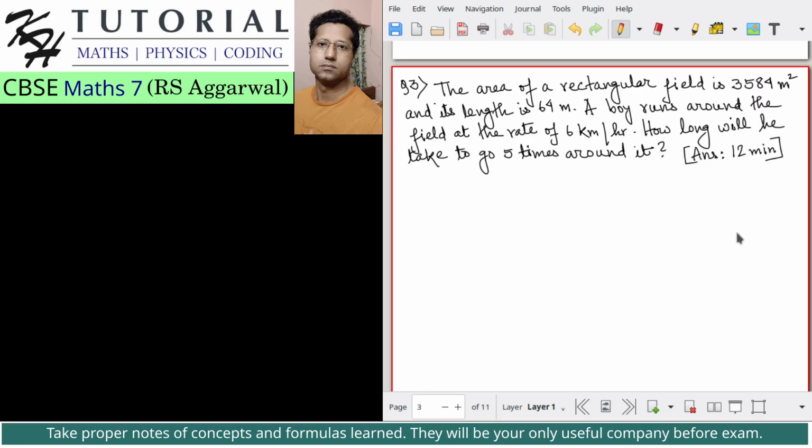Okay, so first we have to find the perimeter of the field, but before that we have to find the breadth. The area is given to be 3584 meters square, and the length is given to be 64 meter.